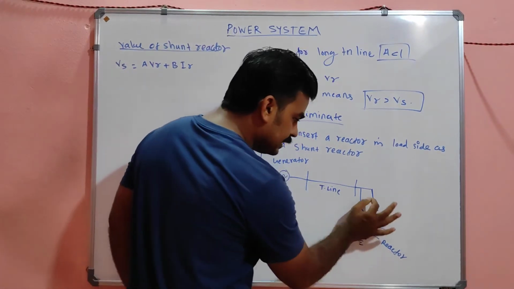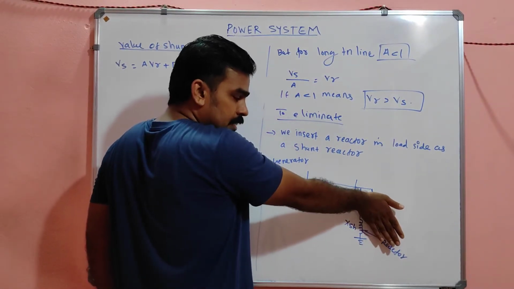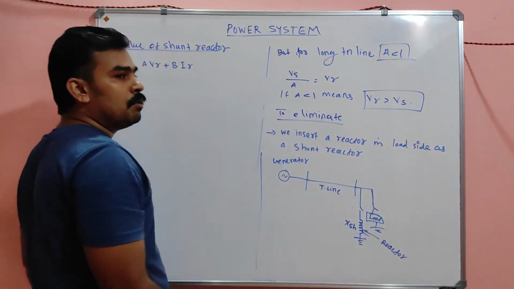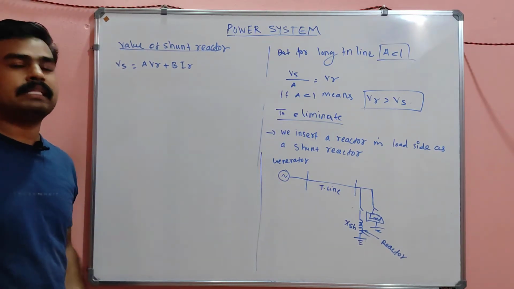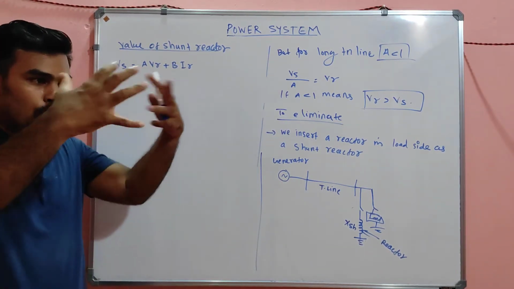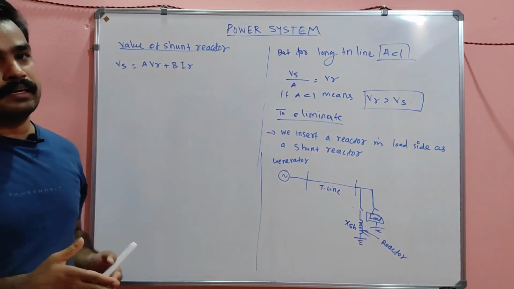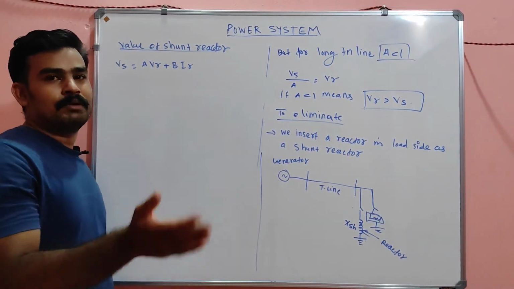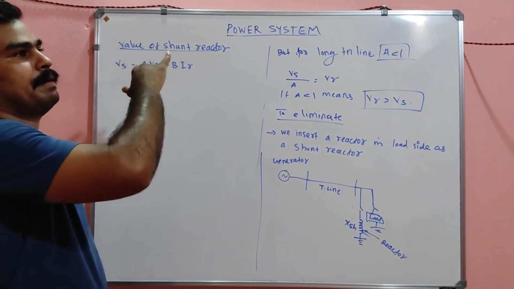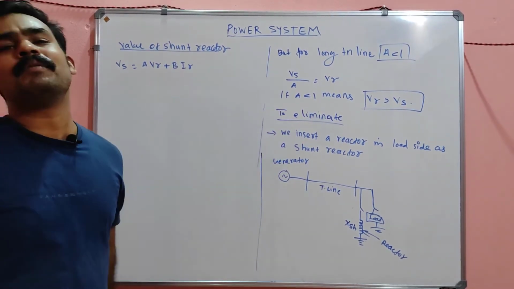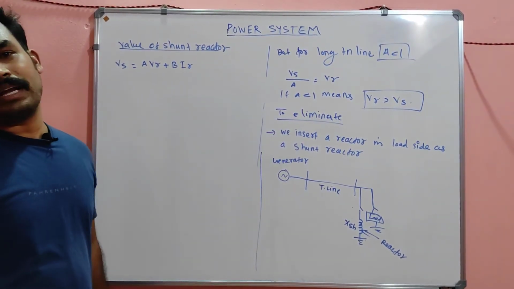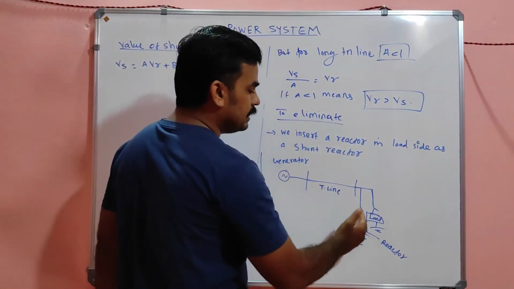If there is no load, or light load condition, or capacitive load condition, then only the Ferranti effect will be more evident. But for an inductive load, there will not be any Ferranti effect, because the capacitive effect will be compensated by the inductive load itself.